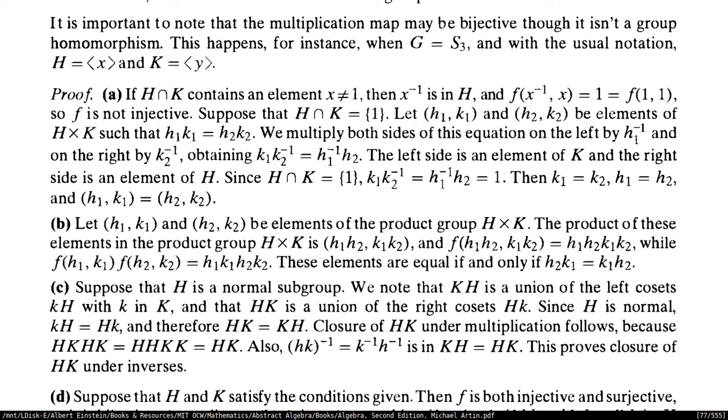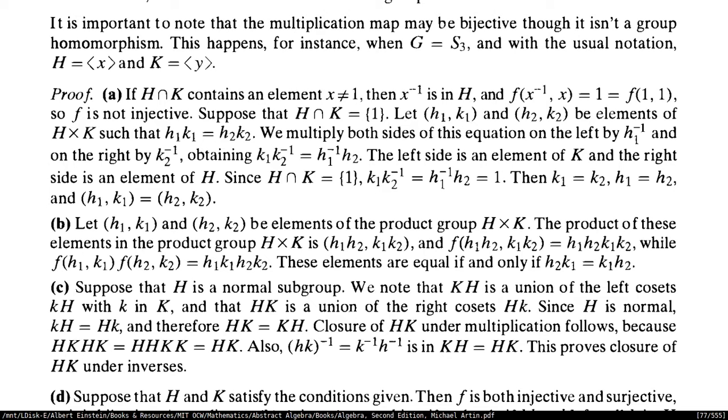So the closure of HK under multiplication follows because HK times HK is equal to HHKK. This is because we just showed that they commute, commutative in the sense that they're the same set, so HK is equal to KH. So it doesn't really matter if we do that twice. Now you have to prove that they have inverses.